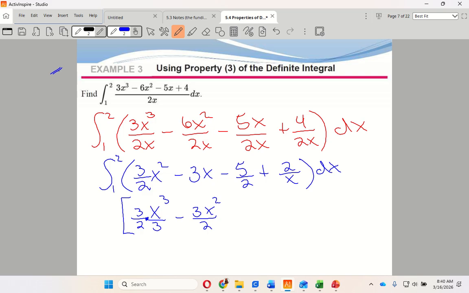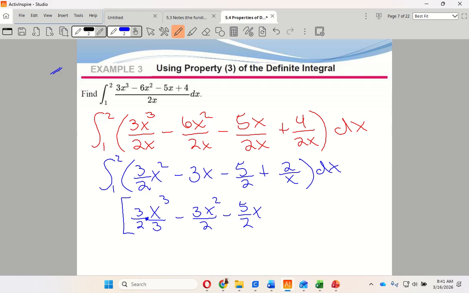And this is going to give me minus 5 over 2. There is no variable there, so we add 1 to the variable that's not there.